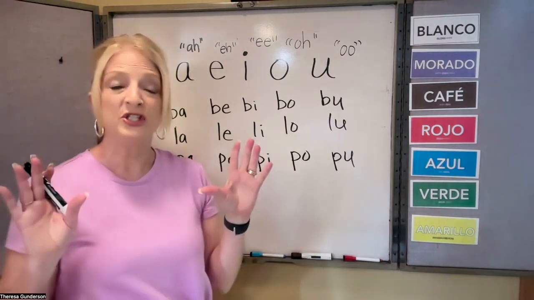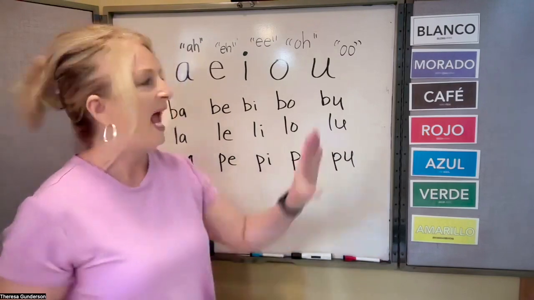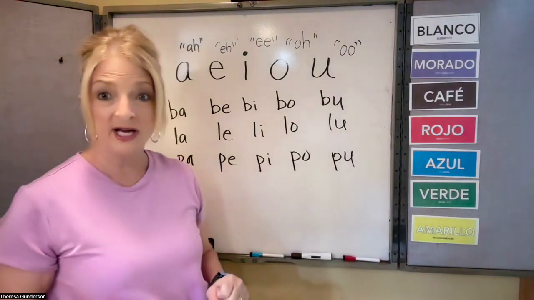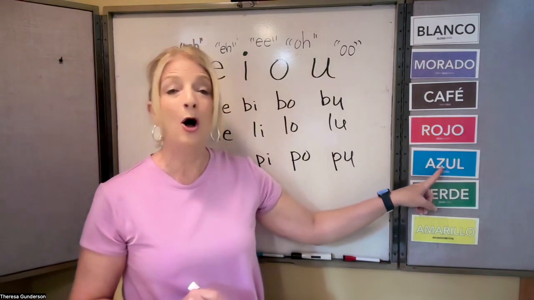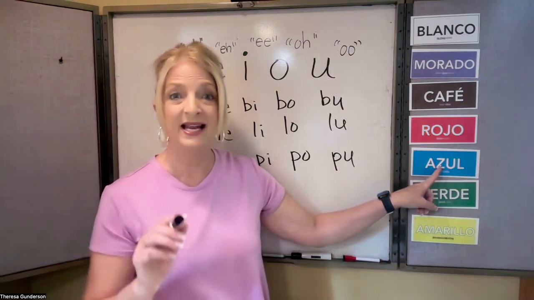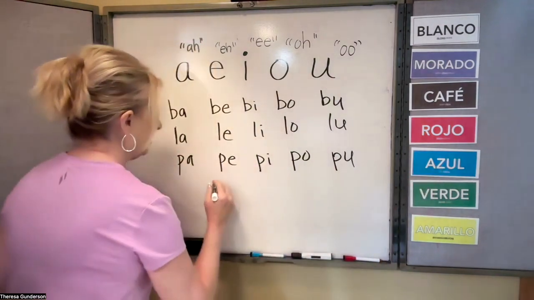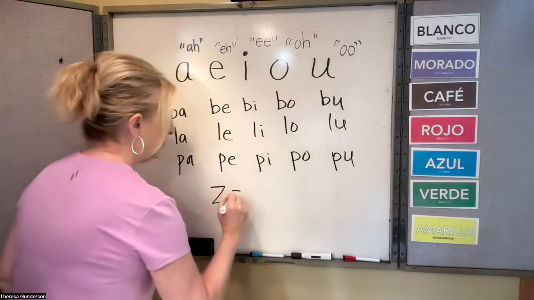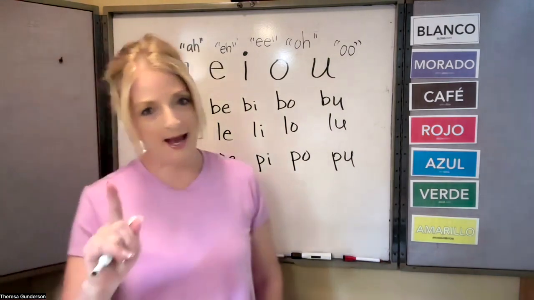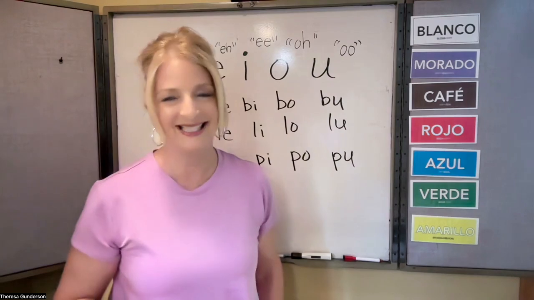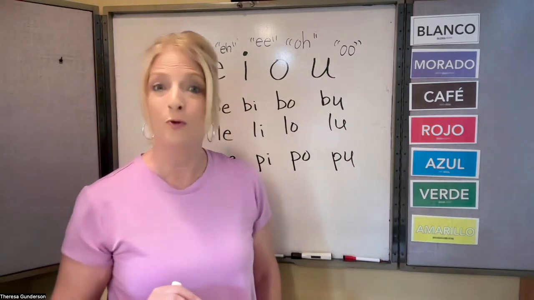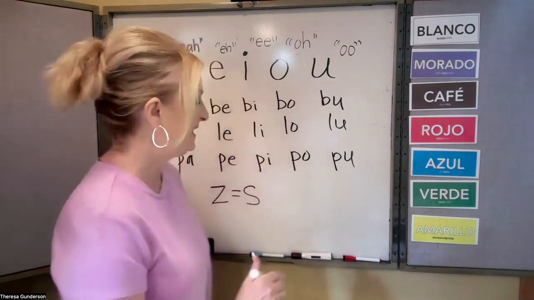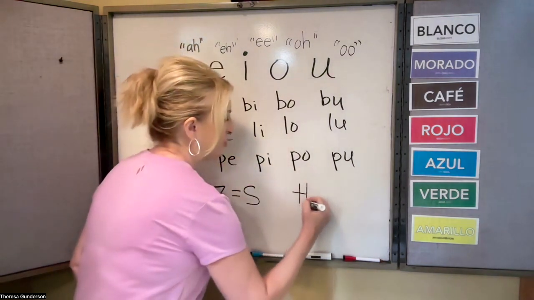All right, I'm going to just teach you 3 more quick letters, and then we're going to review the colors one more time. So, the Z in Spanish is always pronounced like an S. So I'm going to write here Z equals S. Except, oh, don't you hate those exceptions? In the country of Spain, where I actually lived for 4 years, the Z is pronounced like a TH.